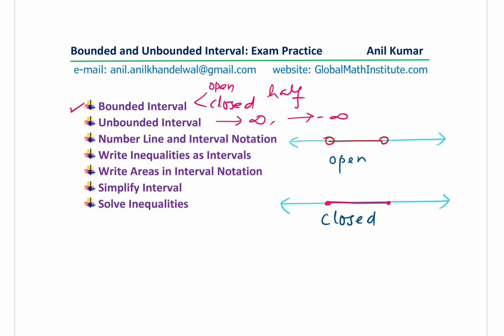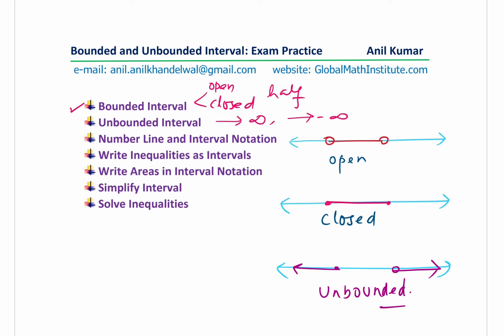Perfect. So that is basically bounded intervals. You understand what is unbounded. When we say unbounded, we are saying that one or both could be leading to infinitely large values. So that is unbounded. Perfect. So that helps you.